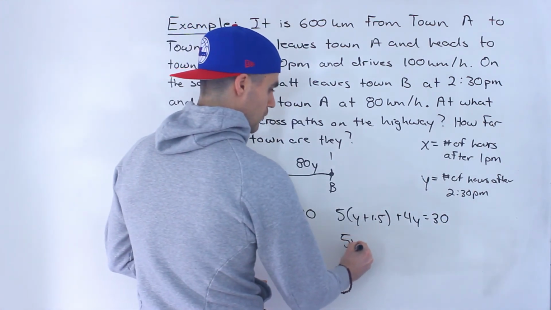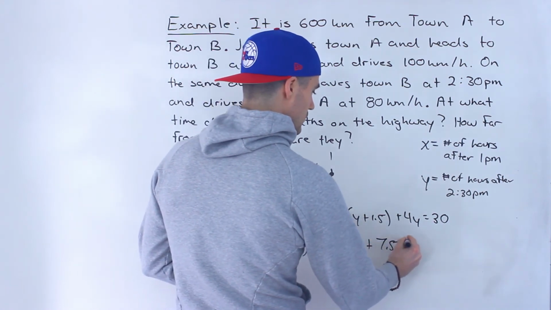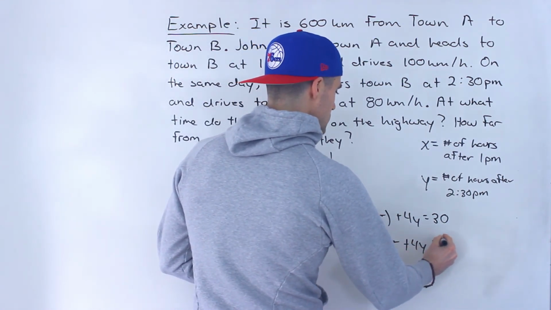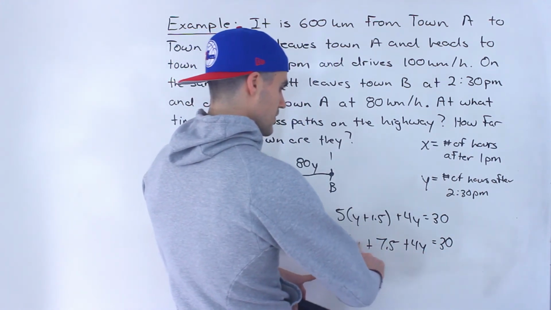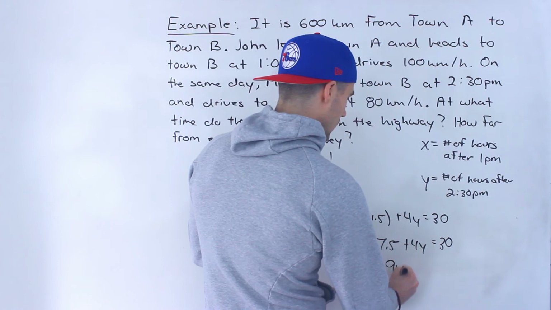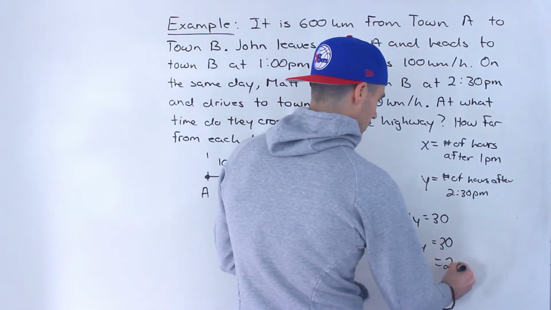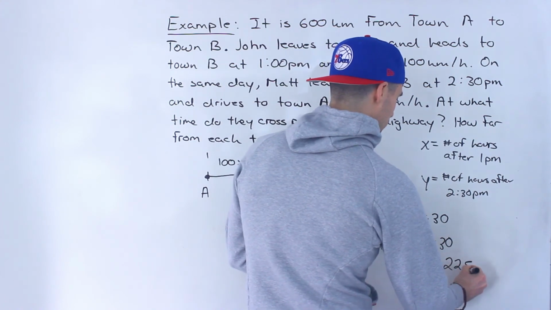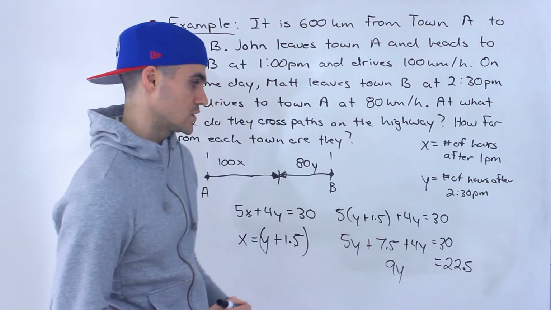So we'll have 5y plus 5 times 1.5 is 7.5 plus 4y equals 30. This would end up being 9y, 5y plus 4y. Bring the 7.5 over, and we'll have 22.5 on the right side, right? 30 minus 7.5 is 22.5.